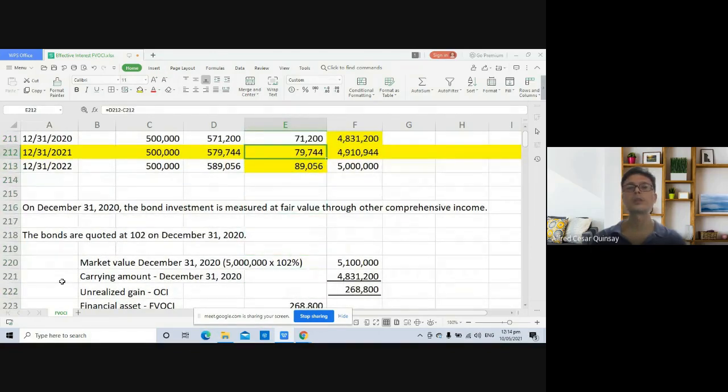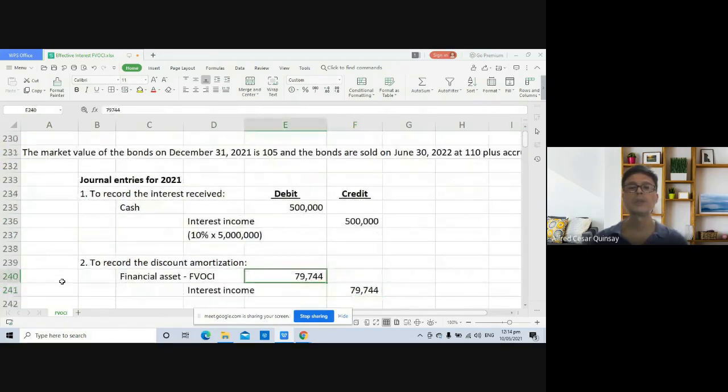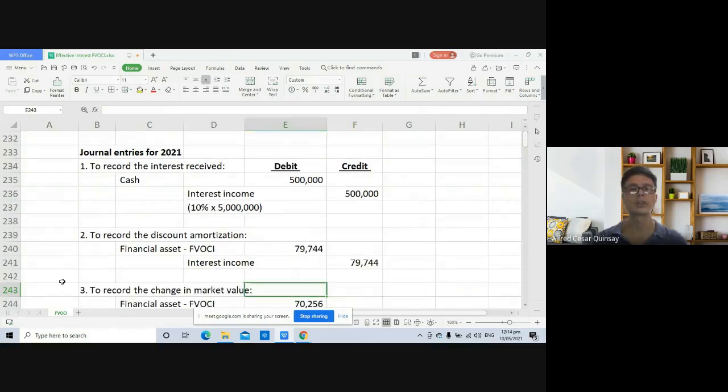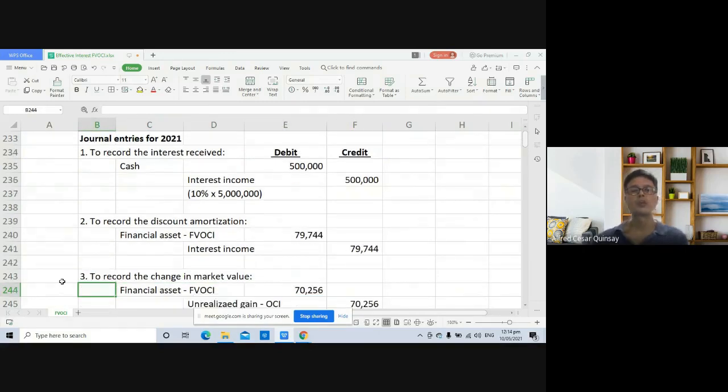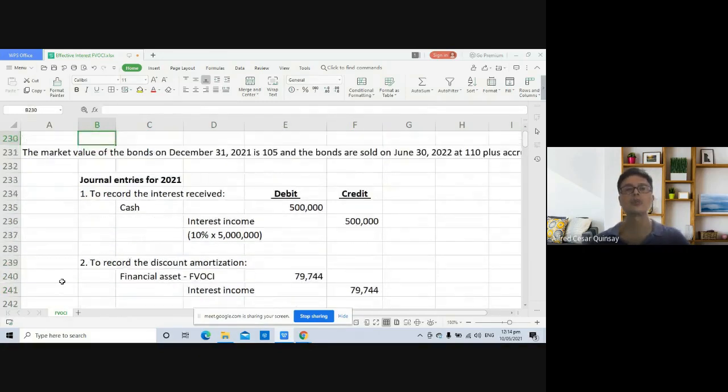So as of 2021, ito na yung kanyang amortization, yung carrying amount, 4,910,944. Okay, after making this entry. And credit interest income of 79,744.